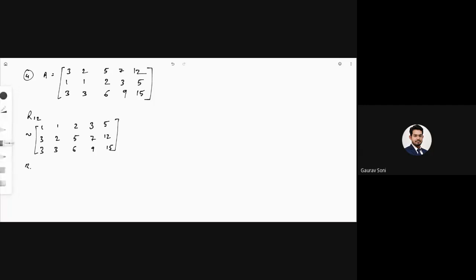So R2 minus 3 times R1, R3 minus 3 times R1. So we'll have 1, 1, 2, 3, 5 as it is. Change the second row. Rank is 2.